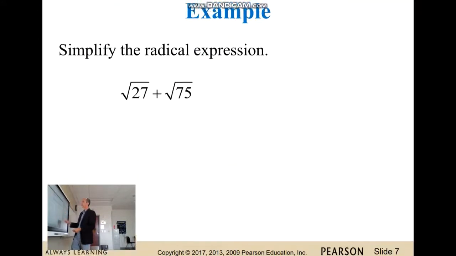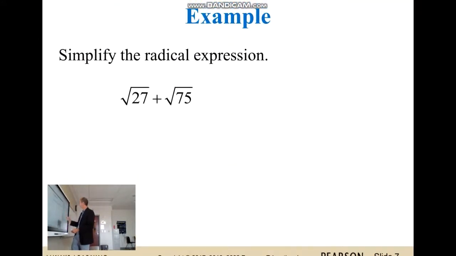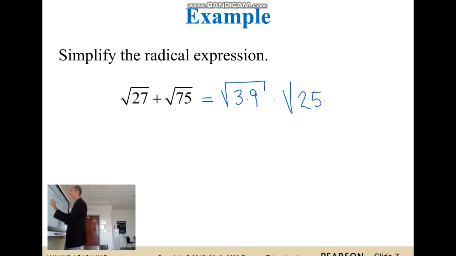Another example here: simplify the radical expression. We will try to identify like radicals. For square root of 27, we can factor it as 3 times 9. 27 is 3 times 9. And for square root of 75, we can factor out 25 times 3.